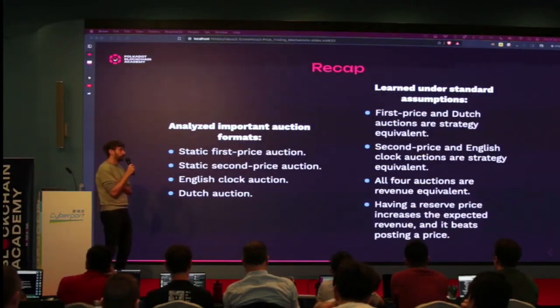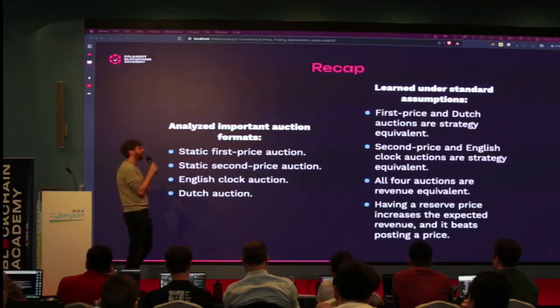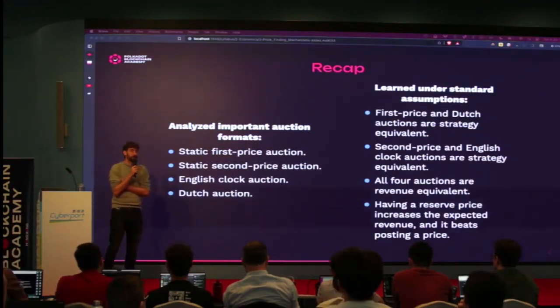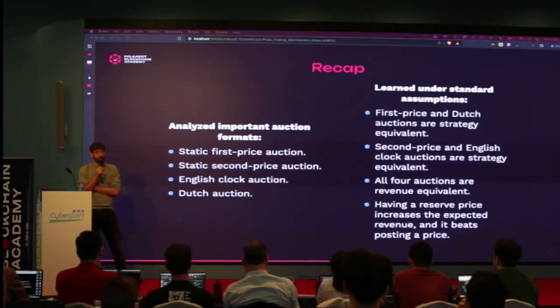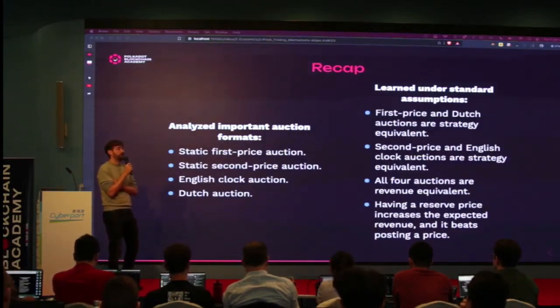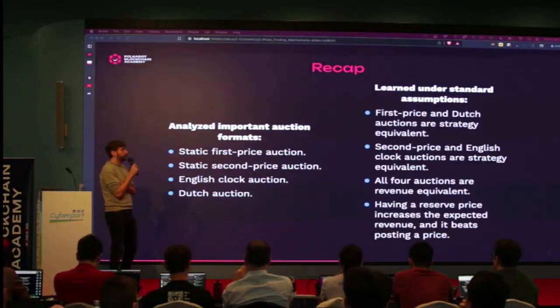And we saw, or at least you have to believe me, that first price and Dutch auctions are strategically equivalent. Here it's not the best strategy for a player to actually bid their valuation, right? We had that before, because whenever you win, you gain nothing.